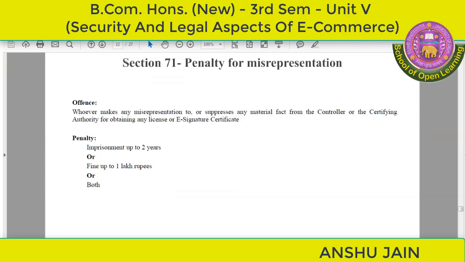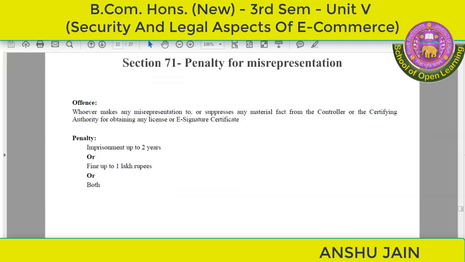just in case the unauthorized person or the person who is involved in the act is trying to obtain any kind of license or digital signature certificate by misrepresenting the facts.